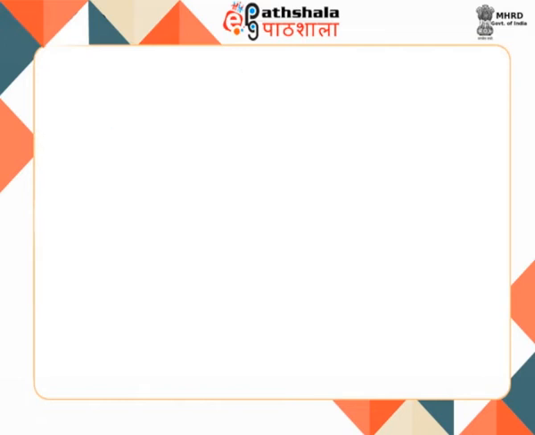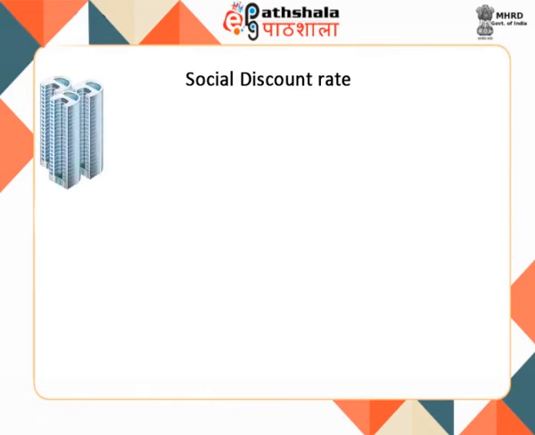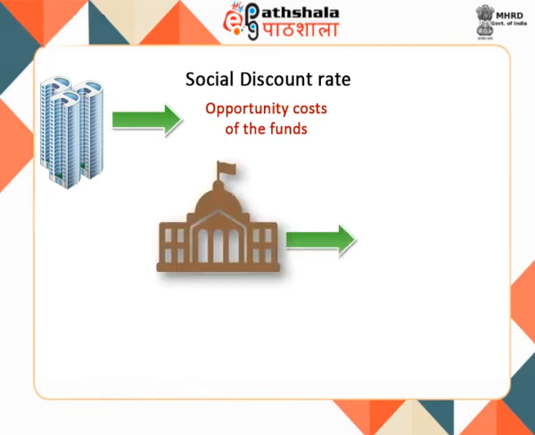Present discounted values for social investments are calculated using an appropriate rate called the social discount rate. In case of investment decision making by a private firm, an appropriate discount rate represents the opportunity costs of the funds in question. In the case of governments, it is the private sector opportunity cost.